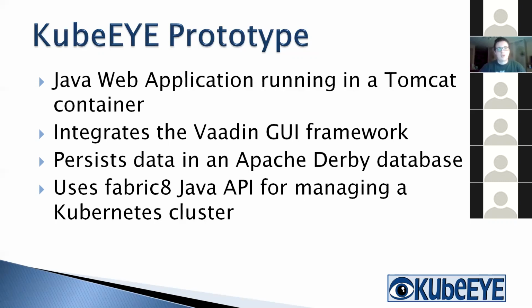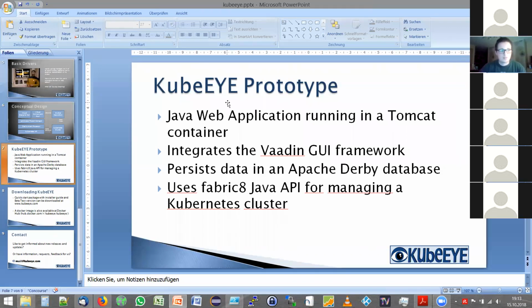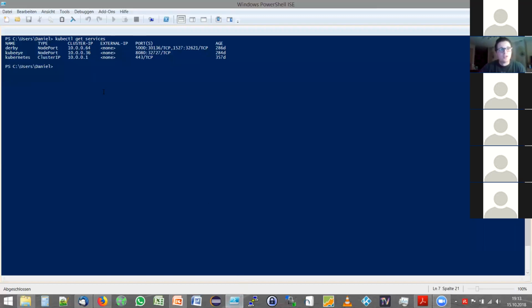And now I think we have seen enough of the slides. I will now change to the demonstration of our prototype. Before we start, just some words. I have all I need on my notebook here. I installed Minikube here as the Kubernetes cluster.